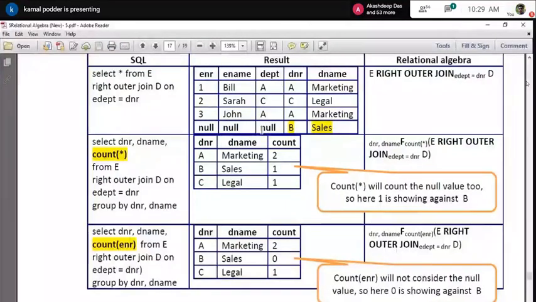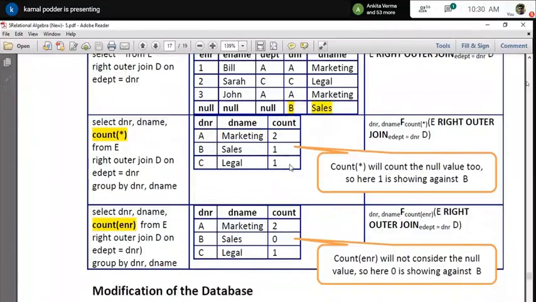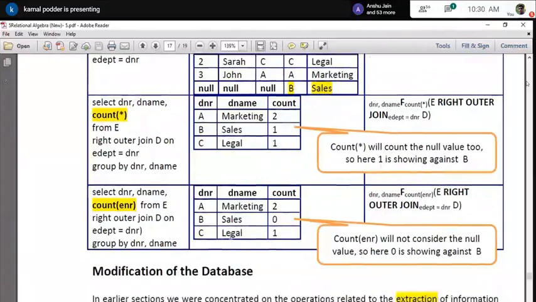Okay, so naturally you just see that. In this case, if you use the star, then automatically it will count the null value also, and that is the reason you are getting 1 for B. And it is definitely not the right thing, because for B there is no employee, so I want 0. In that case, you should give a count on some column; you have to refer to some column, not count star.